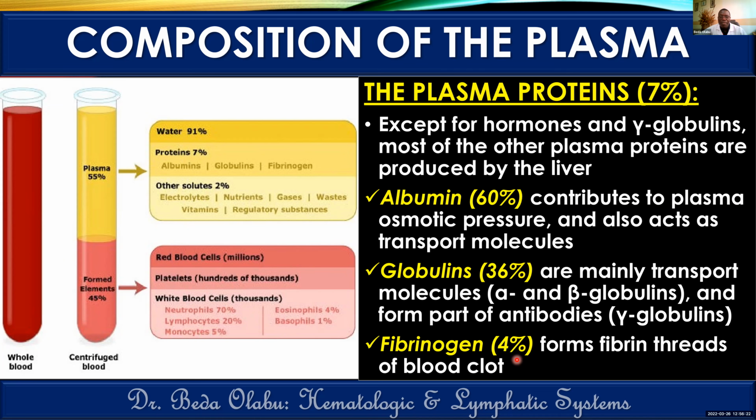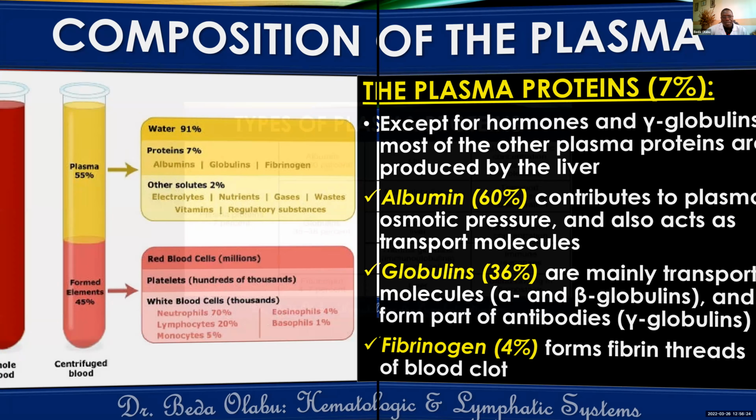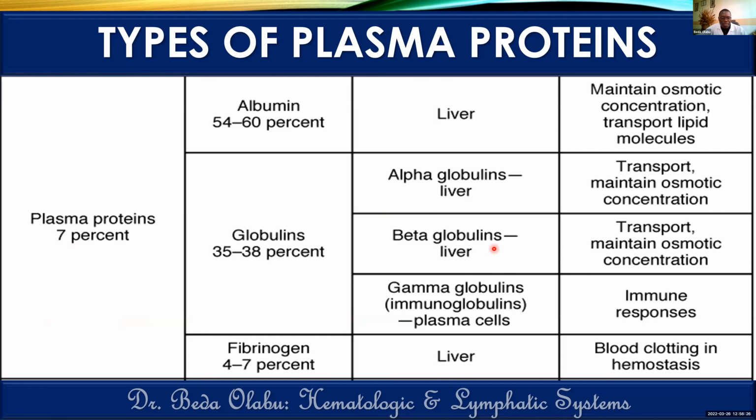Those are the key plasma proteins. So this table just captures basically what I've already alluded to, the three types of plasma proteins and their important sources as captured in that particular column, and their key functions are also captured in that particular column.